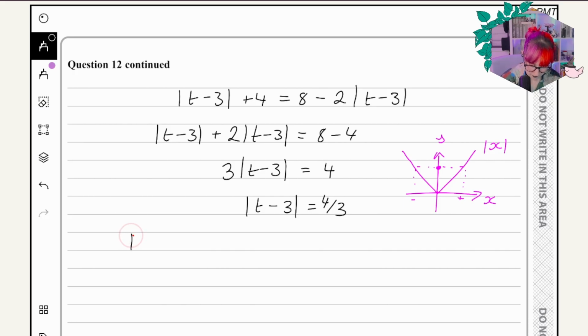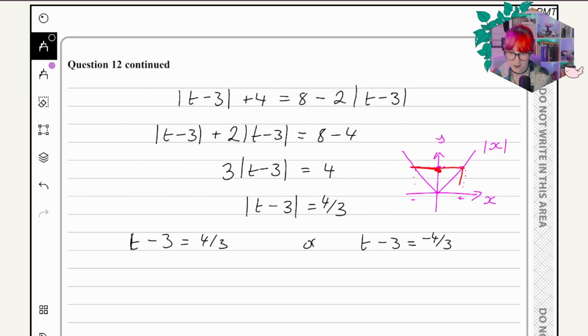Either t minus 3 is 4 over 3, or in our case, t minus 3 is minus 4 over 3. Okay, so that's just from looking at this, where t minus 3 here is either going to be plus 4 over 3 or minus 4 over 3. So here, this would be 3 plus 4 over 3, which is, quick maths, 13 over 3.